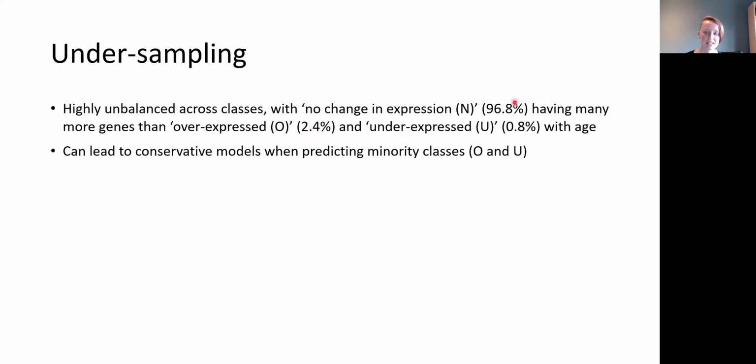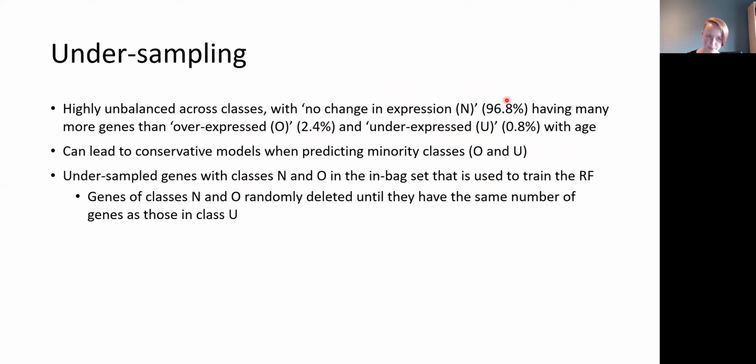The trouble with this is it can lead to models that are quite conservative when trying to predict the minority classes. So it will by default just categorize more things as no change, just because there's such a large proportion of the data essentially.